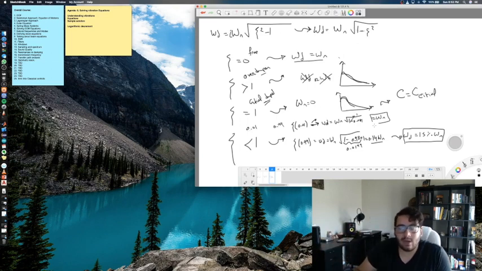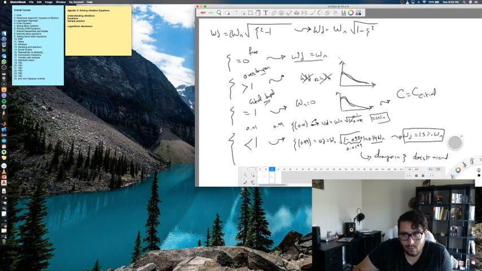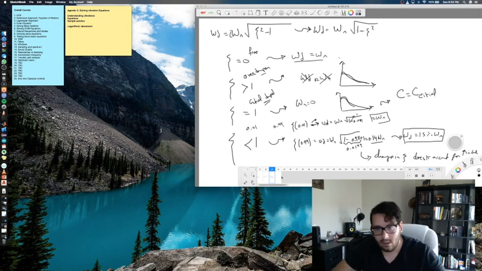We can dig more into it, but I'm going to spare you the math. Basically, changes in zeta don't account for huge changes in omega n.